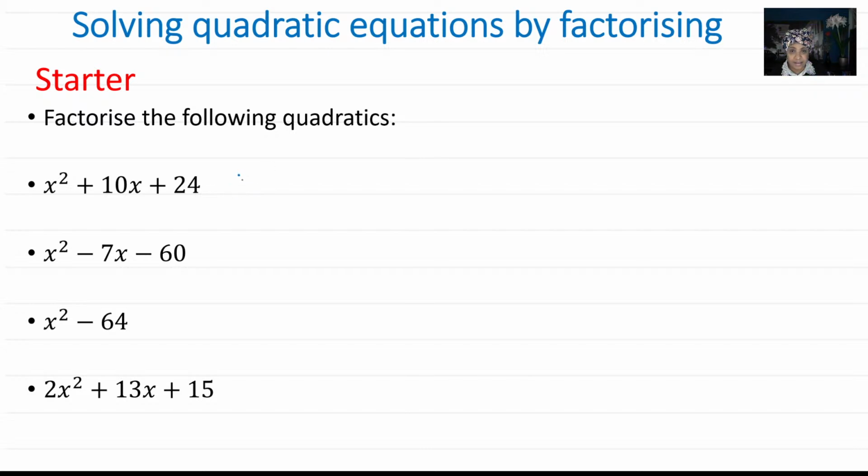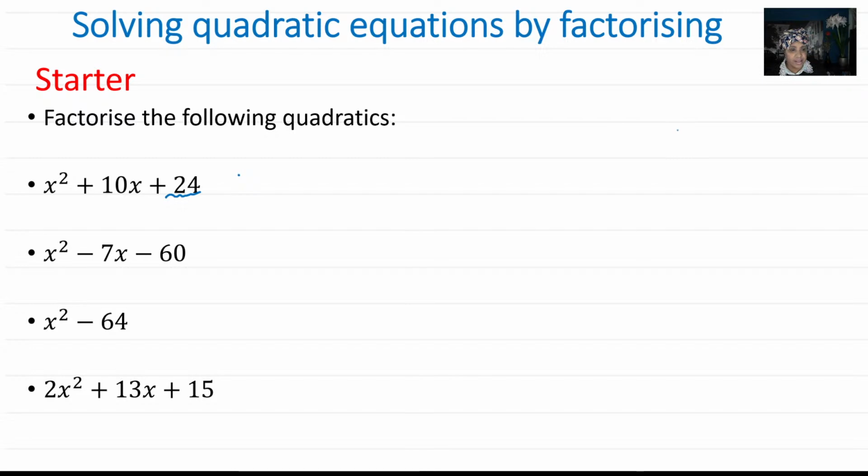Okay, so let's start. How do we do this? Well, you look at the constant. The constant is 24. When I say constant, it's a term that doesn't have a variable. What is a variable? X is a variable. So 24 doesn't have a variable. We call it a constant.